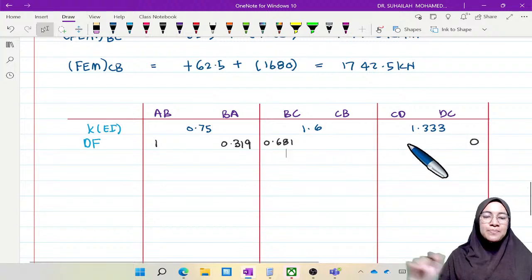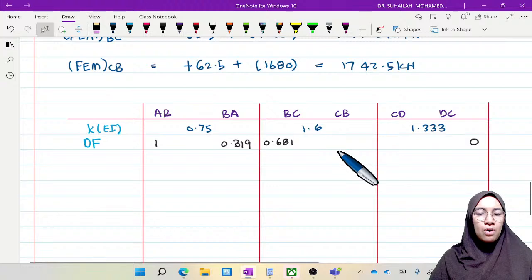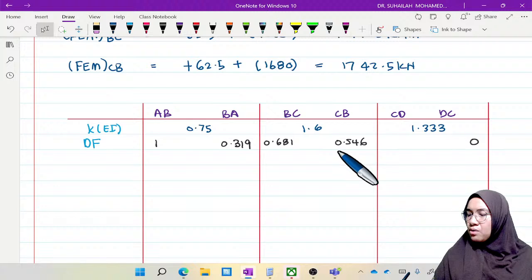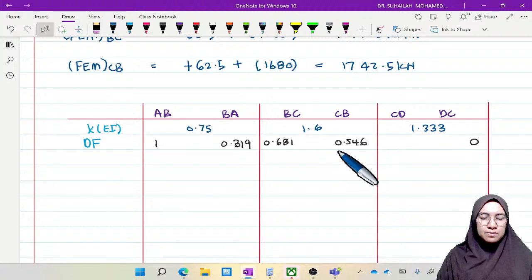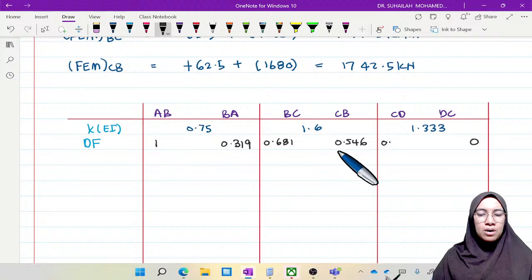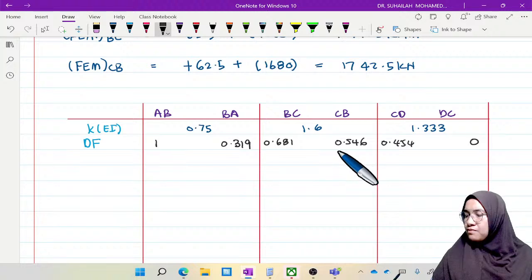So we get 0.546. The other one is 1 minus 0.546, which is 0.454.